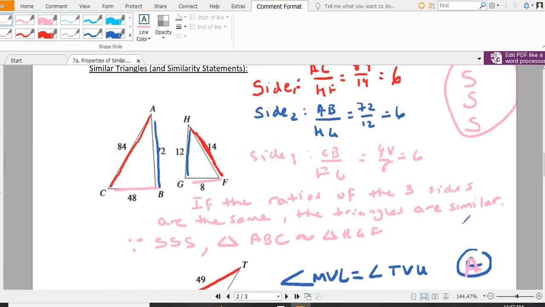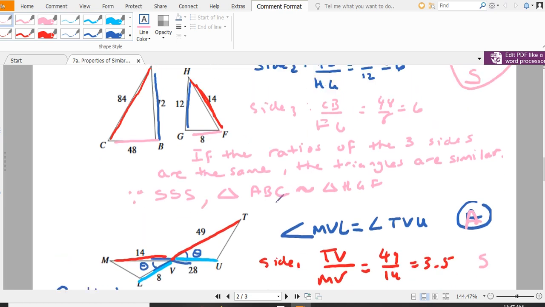Now this also means that because of the three ratios being the same, in the first scenario where the three side ratios are the same, I can assume that this angle will be the same as this angle, and this angle will be the same as this angle. Similarly, looking down here, because I know that the ratio of these two sides are the same, the ratio of these two sides are the same, and these angles are the same, I can also assume that the ratio of these two sides will be the same, even though no numbers are there, which satisfies my first condition.